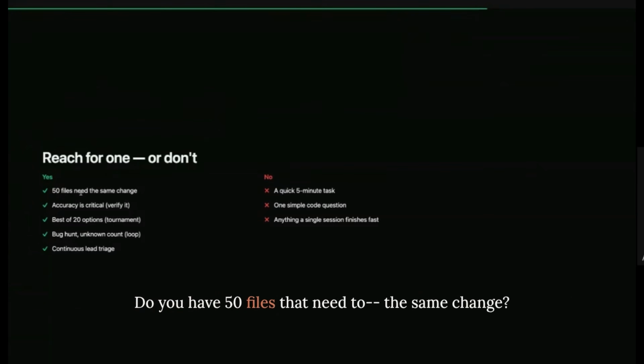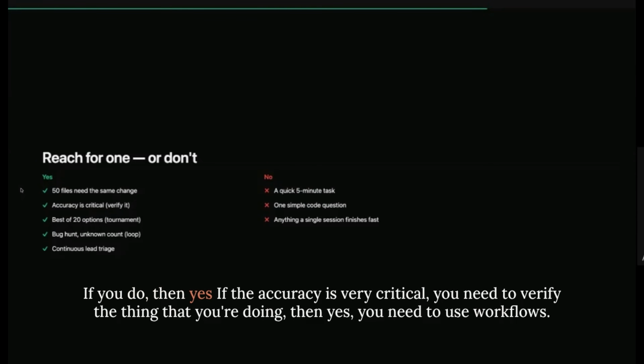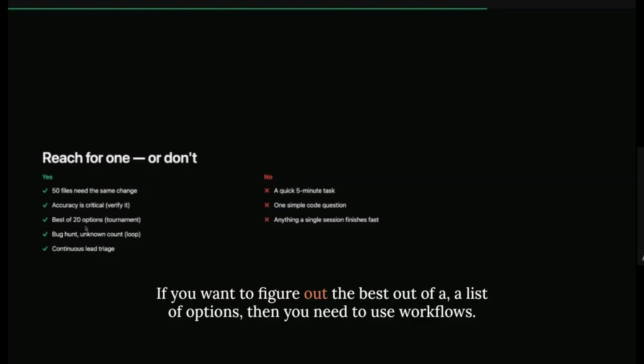Do you have 50 files that need the same change? If you do, then yes. If accuracy is very critical and you need to verify the thing that you're doing, then yes, you will need to use workflows. If you want to figure out the best out of a list of options, then you need to use workflows.